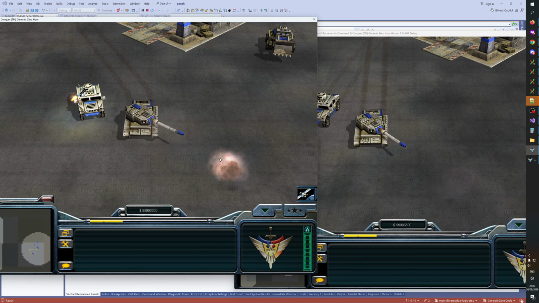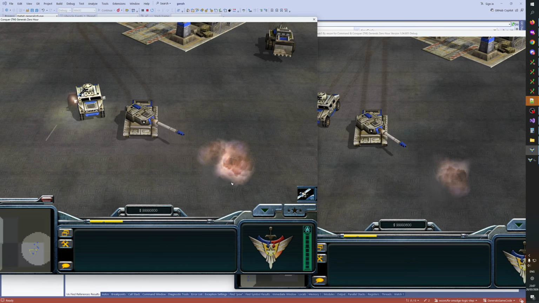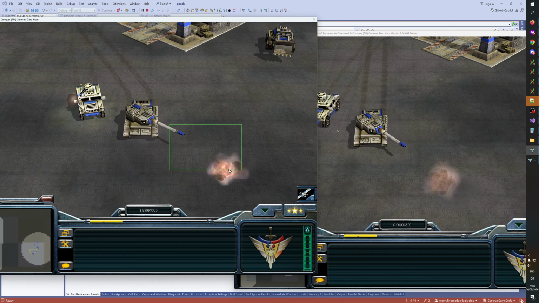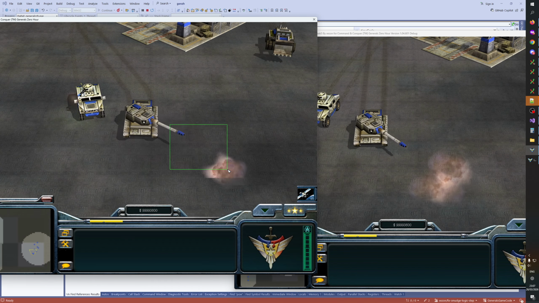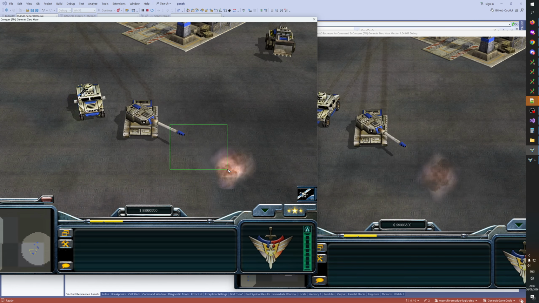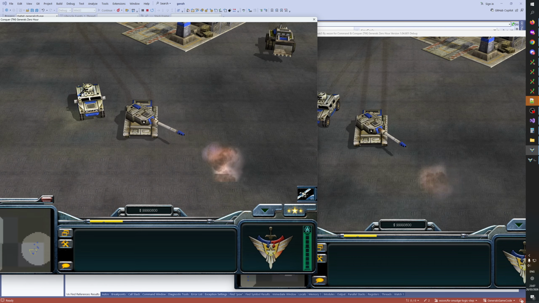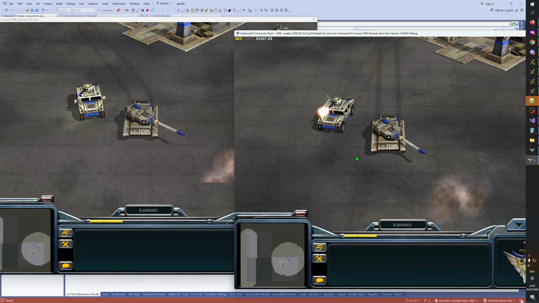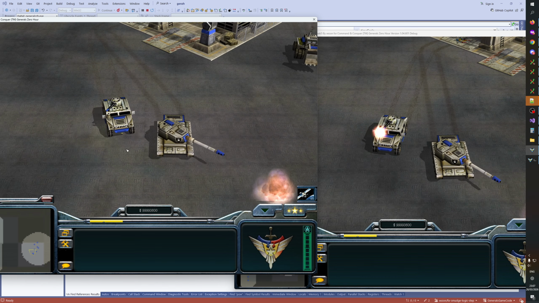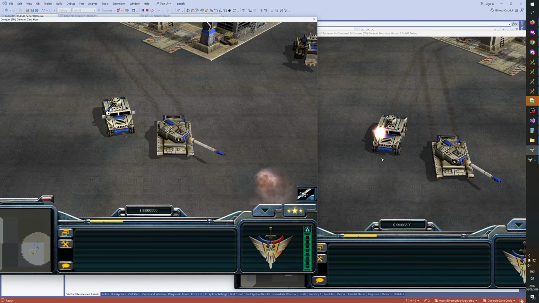Okay, so the explosion looks very, very similar, right? This also looks similar. Yeah, it looks very similar here, but this light is a very obvious difference. Why?